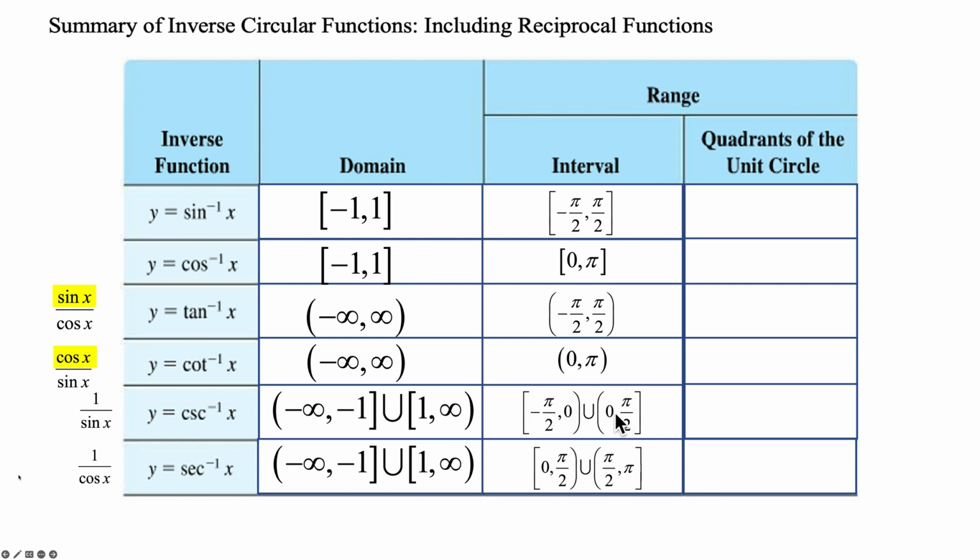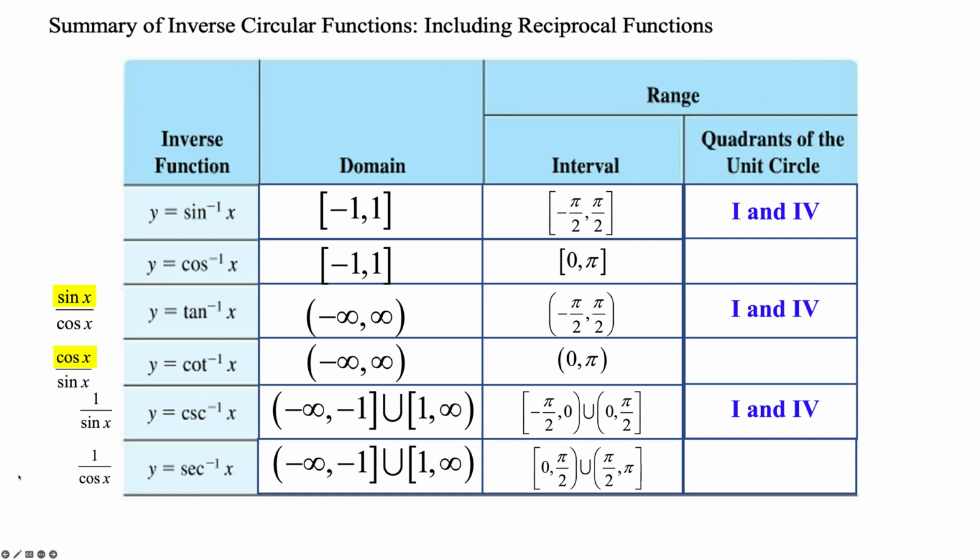Same interval for the range. And then for your cosine, inverse cotangent, which is your quotient identity. Cosine in the numerator determines where we're heading, and same thing with 1 over cosine. So these quadrants that were here in our range are 1 and 4 for inverse sine, inverse tangent, inverse cosecant.